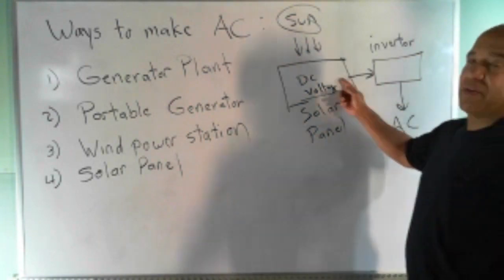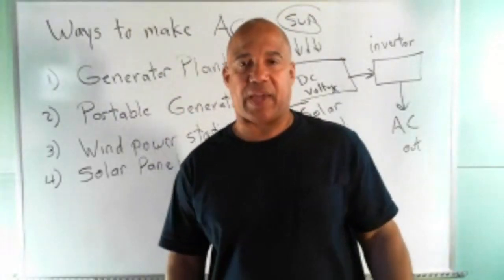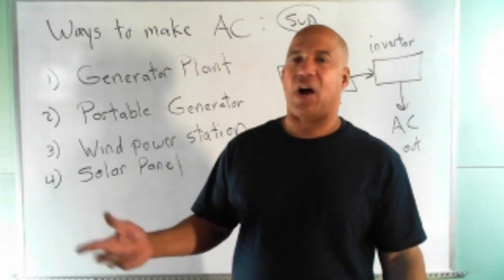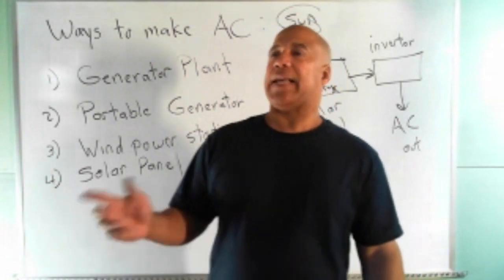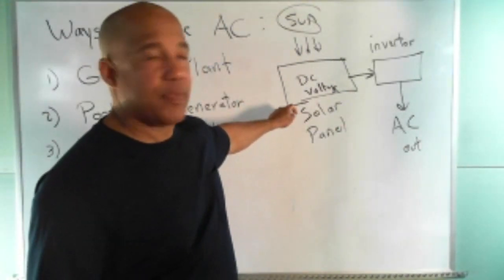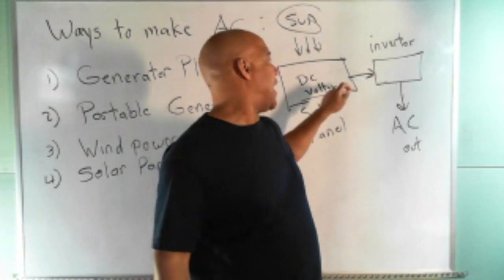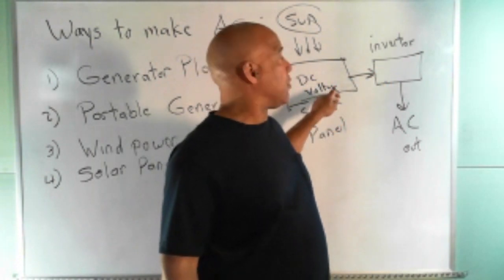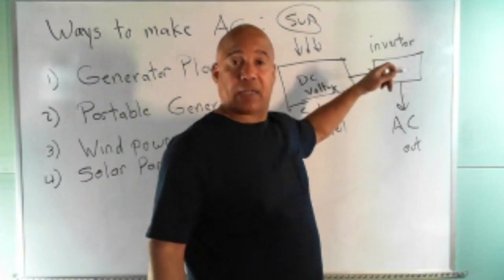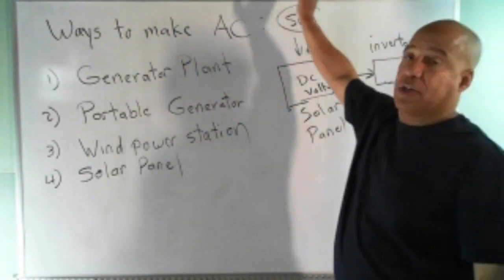Now you might have heard of an inverter if you have a camper. I don't know if anybody has, if you're rich enough to have a camper or what you call a motorhome. A lot of those will have inverters in them. They'll have a big battery under the hood, and connected to the battery is a circuit called an inverter. And that allows you to take the DC voltage from the battery and change it over to AC electronically. And the same thing, if you put solar cells on your house, sometimes you see solar cells on the roof.